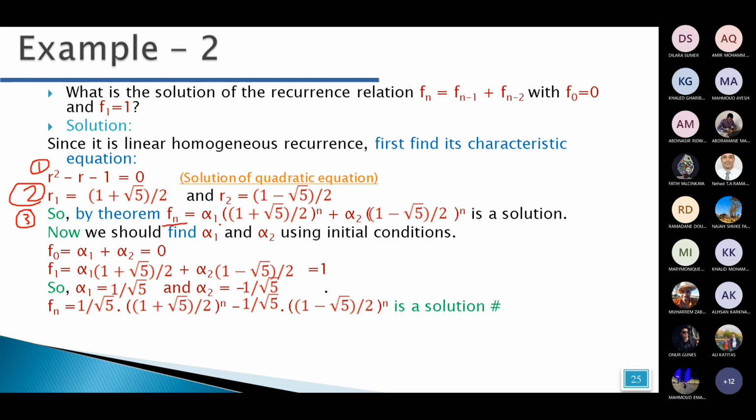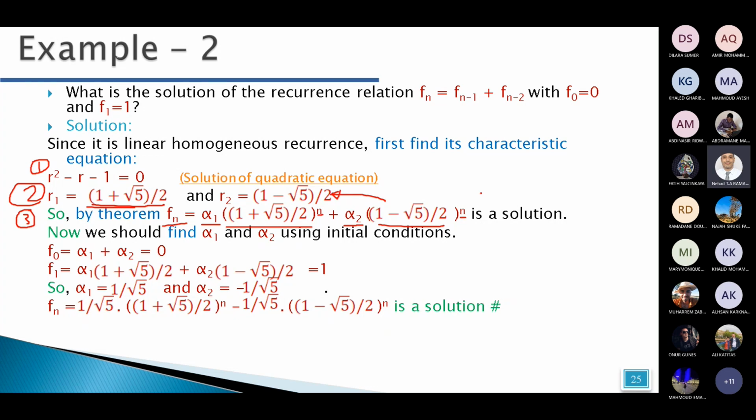It's alpha 1 multiplied by the first solution power n, plus alpha 2 multiplied by the second solution power n. Okay, this is the solution.